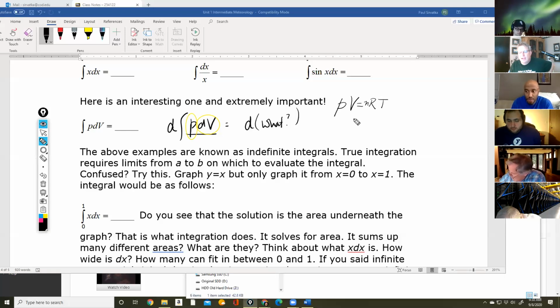Another way that you could look at it, and I actually prefer it this way, would be pressure times volume is mass times RT.